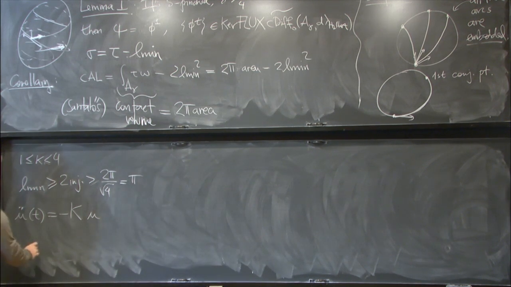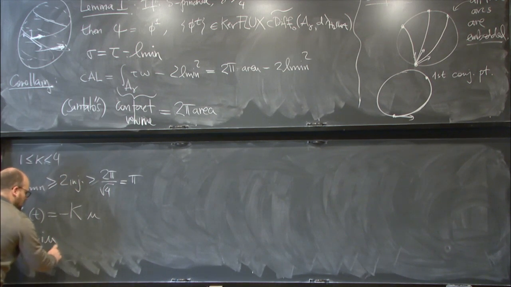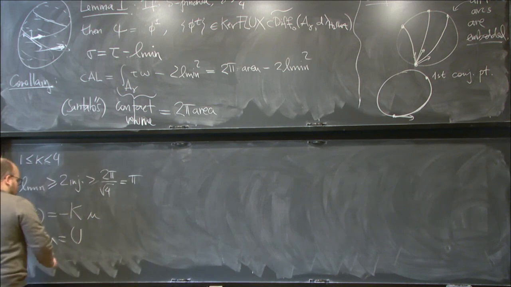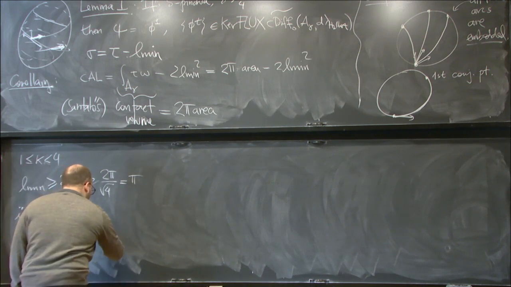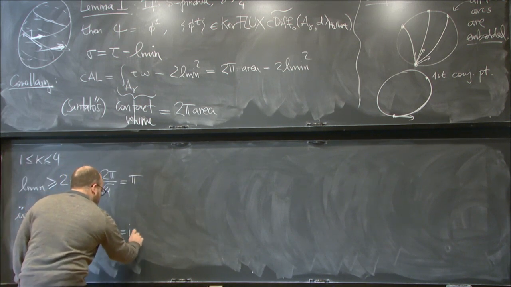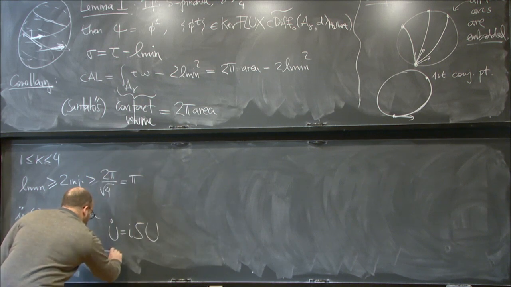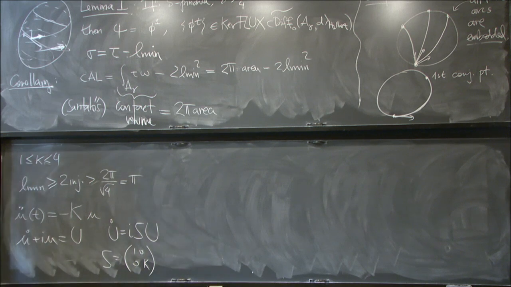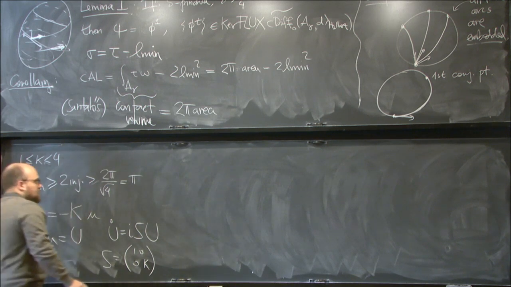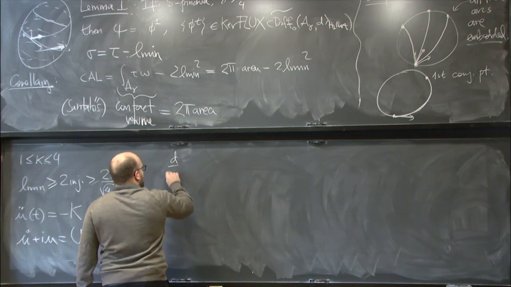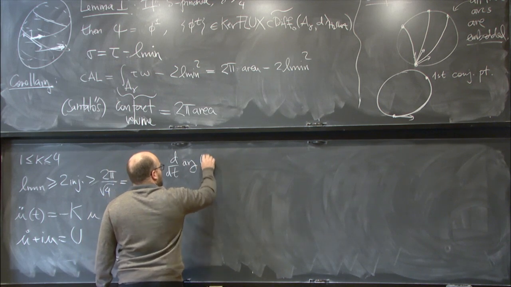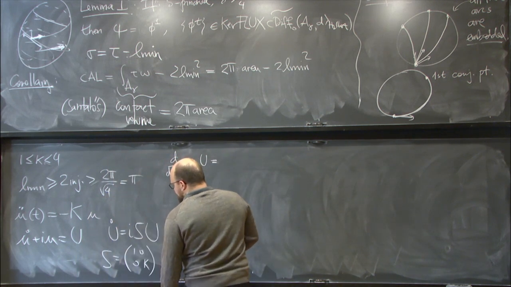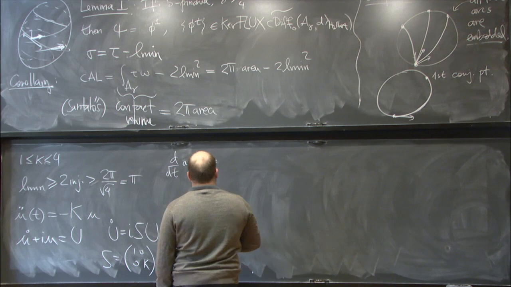And then, if you look at this complex number, let's say u, turns out that you have an equation where u is the symmetric matrix 1 k, which means that d by dt of the argument of u is equal to, what?